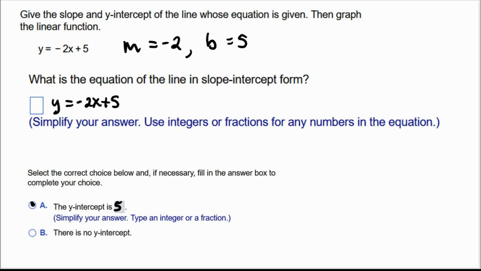But if the equation is given to us already in slope-intercept form, use that. So the slope is -2, and then the y-intercept is 5. We got that? Slope -2 means that the graph is rising or it's falling? Falling, because the slope is negative, right?